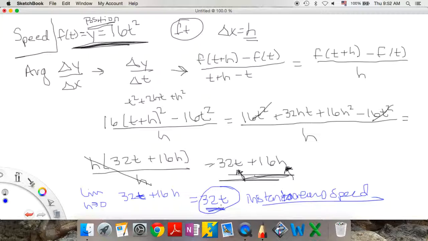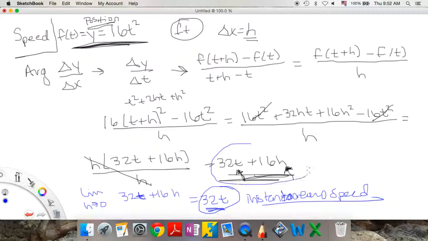Now, of course, there's all kinds of physics things that will make this an exception to the rule. These are only formulas that work out if you start out from a standstill and you're starting at point 0 and those kind of things. But you see the way we derive this from the position to the instantaneous speed.